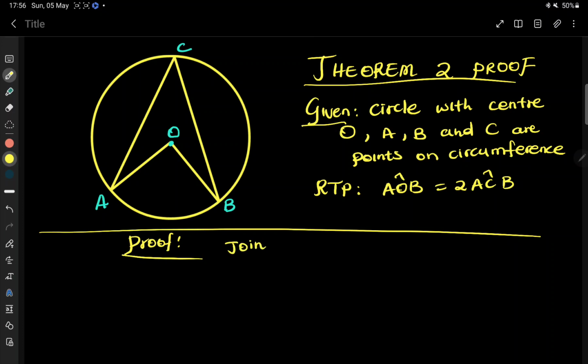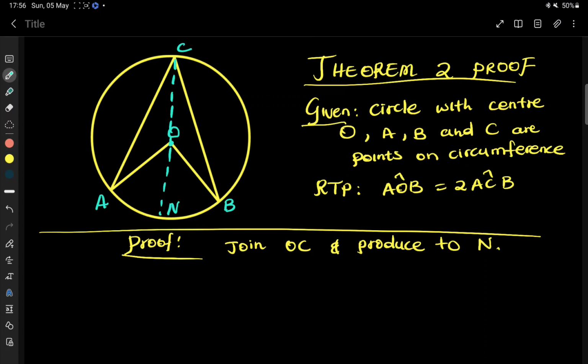We join. Now we want to form 2 triangles. So you say join OC and produce to any letter, we can say N. So we are going to connect the 2 points, then we produce to N. Then now we have 2 triangles.